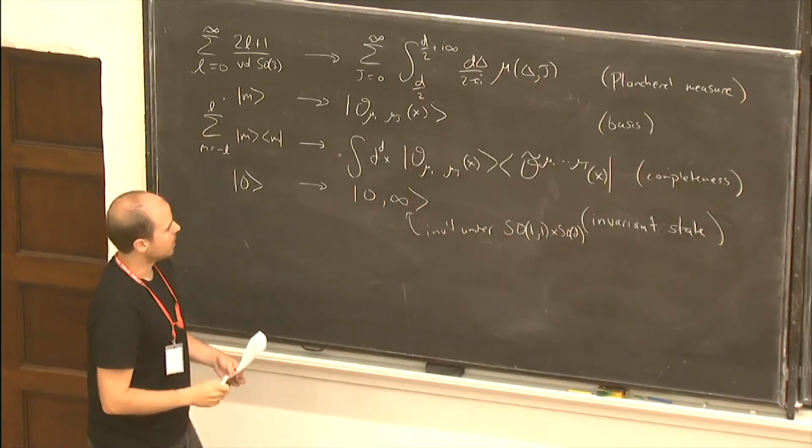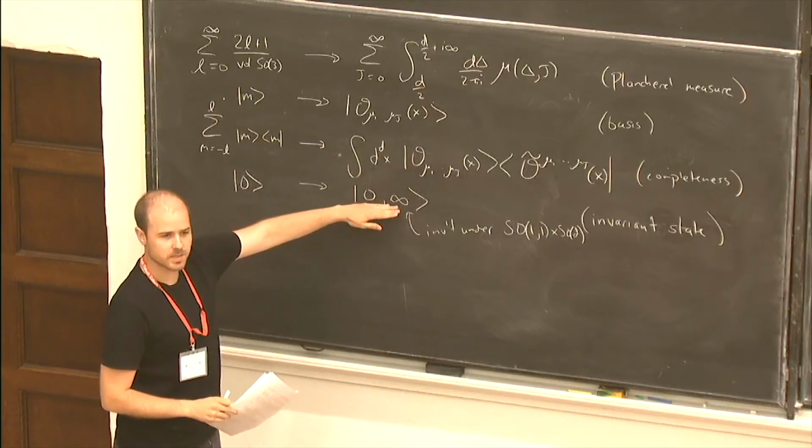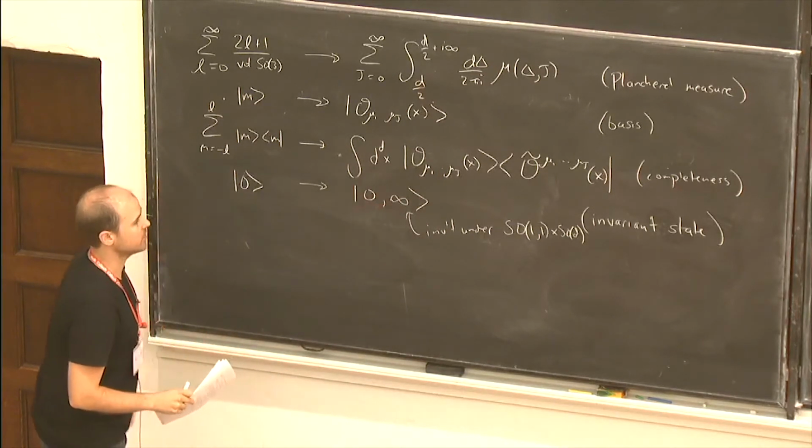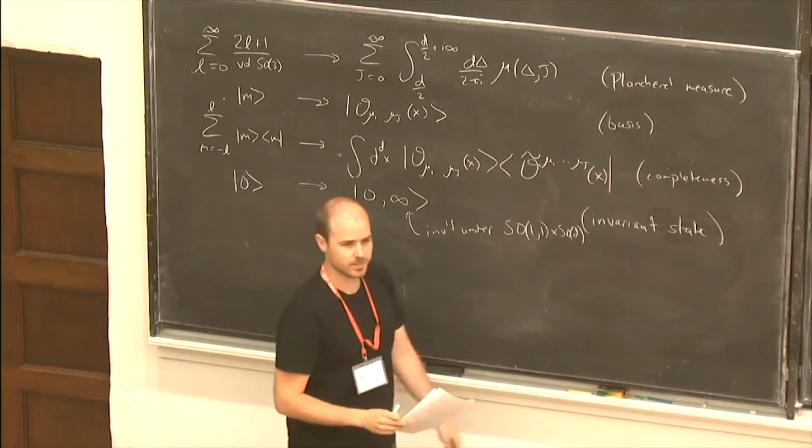Okay, so I haven't told you precisely what this state is. I just told you what its properties should be. It should be invariant under SO(1,1) cross SO(d).